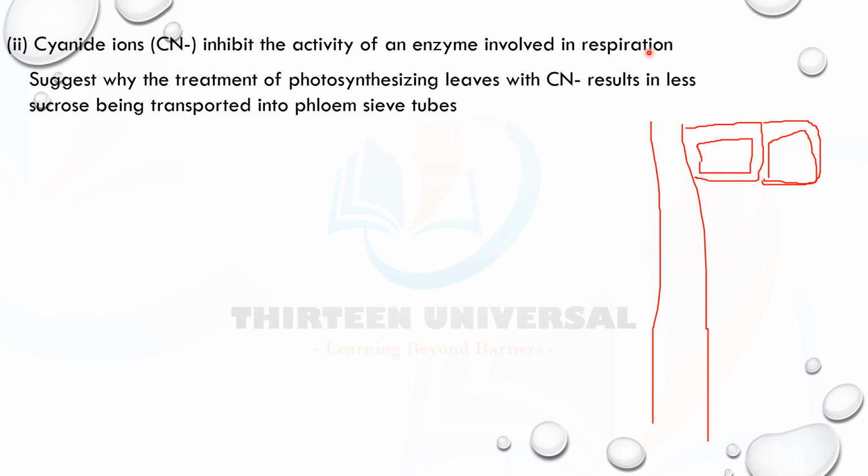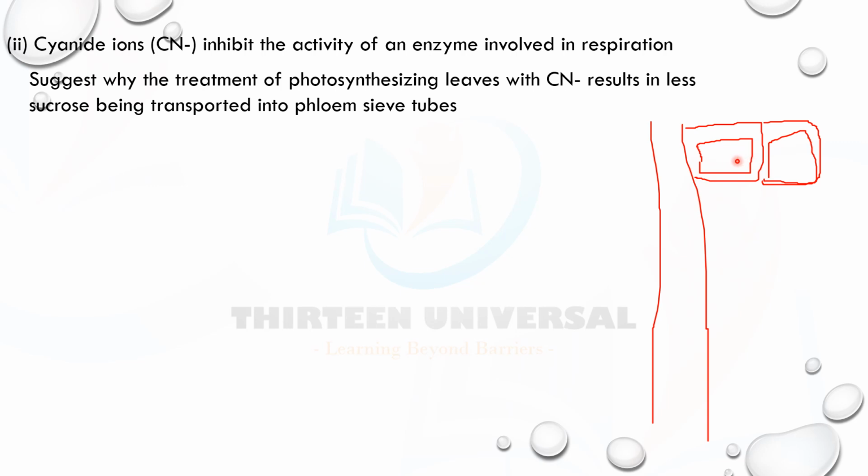So if respiration is inhibited, then less ATP will be available for setting up the proton gradient. Protons are pumped from here to here by active transport, and then the proton gradient is set up. So protons move back with sucrose through a co-transporter.